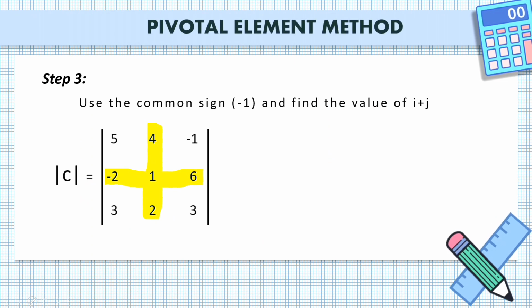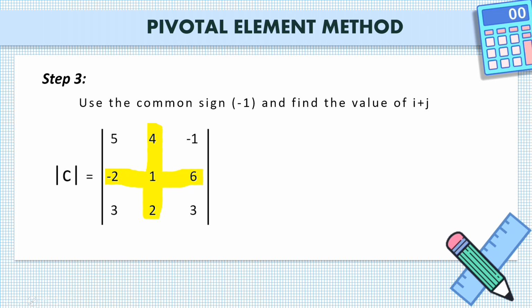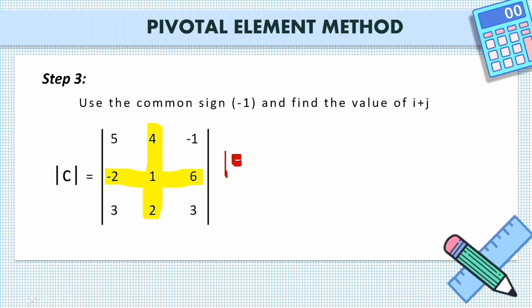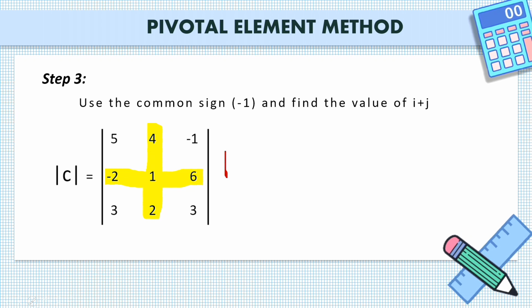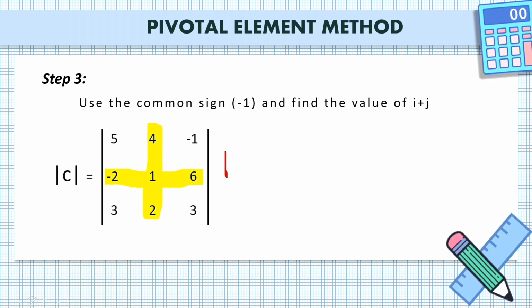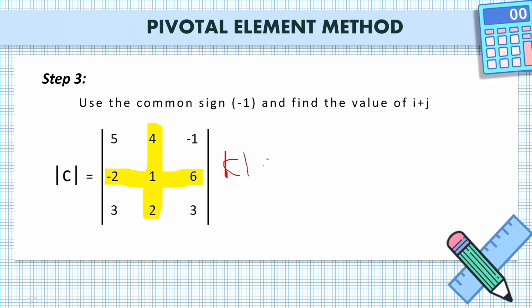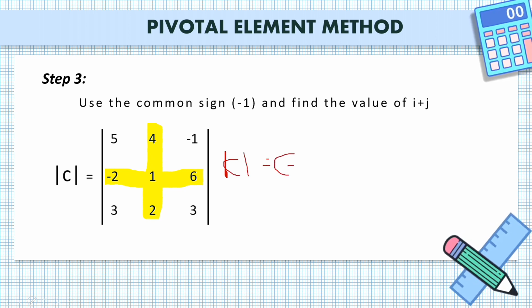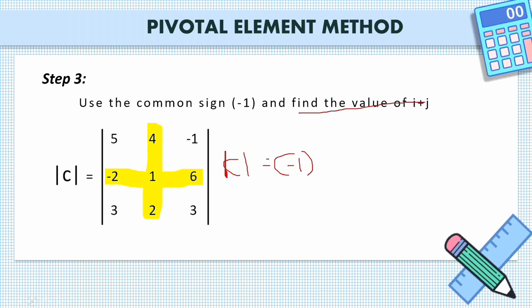Use the common sign -1 and find the value of i plus j. So, ang sabi dito, gamitin daw natin ang common sign na -1. So, magiging ganyan siya, -1. And find the value of i plus j. Ano ba yung i plus j?